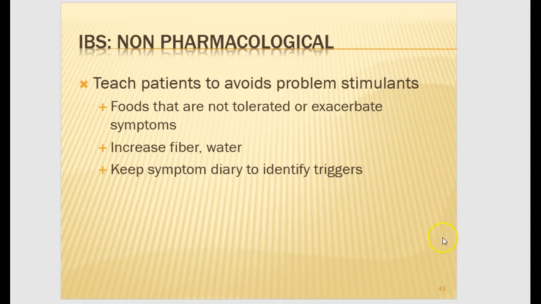You can teach the patient to avoid foods that are not tolerated or that exacerbate symptoms. Sometimes it's individual. Patients know that if they eat a particular food, this happens. You want to tell them to increase fiber, increase water, and keep a symptom diary.